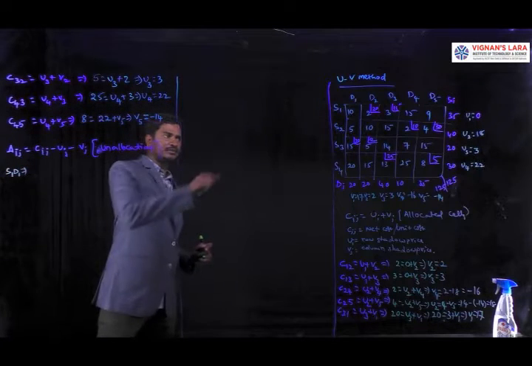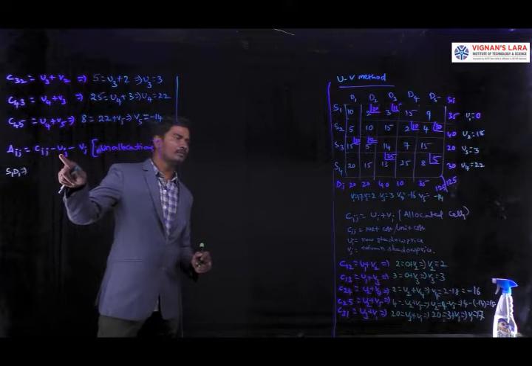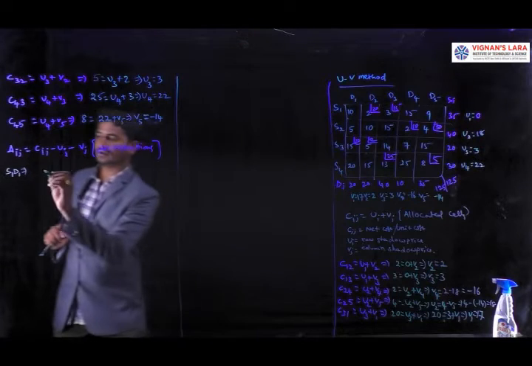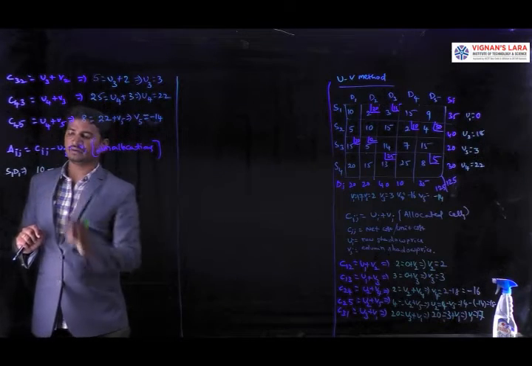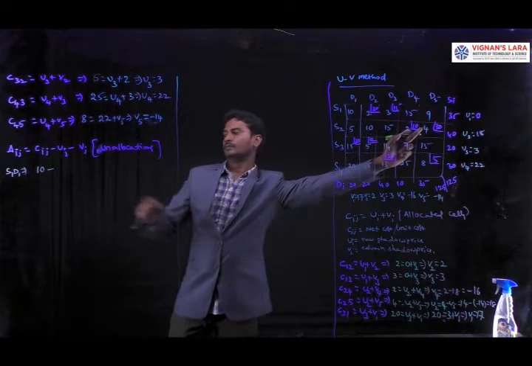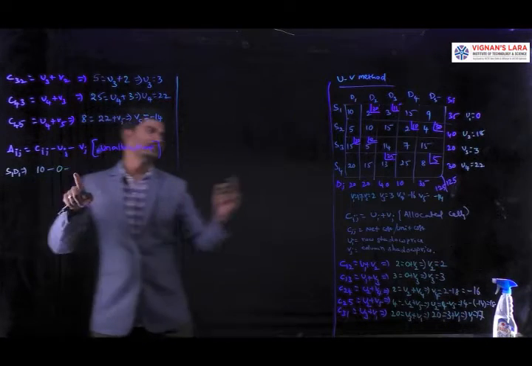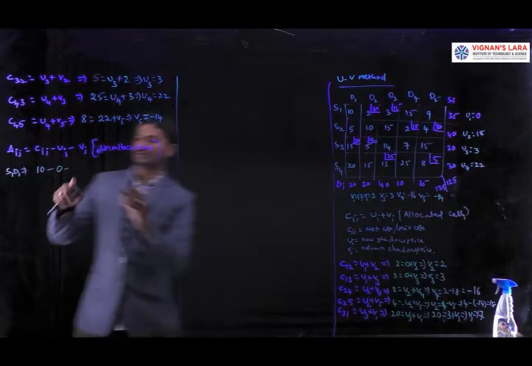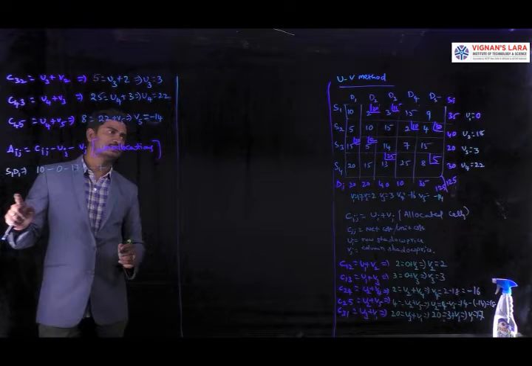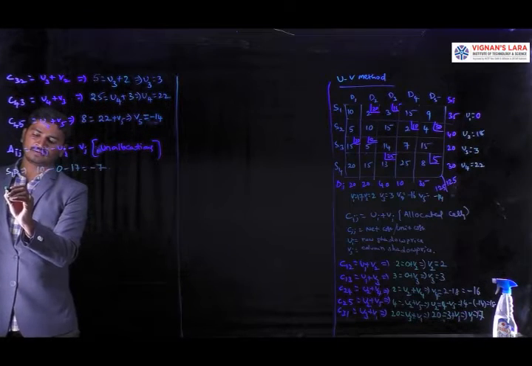That is equal to C11. What is the C11 value? C11 is 10. We have 10 minus Ui, which means U1, 0, minus Vj, 17, is equal to minus 7. Next, S1 D4 we have another unallocated.